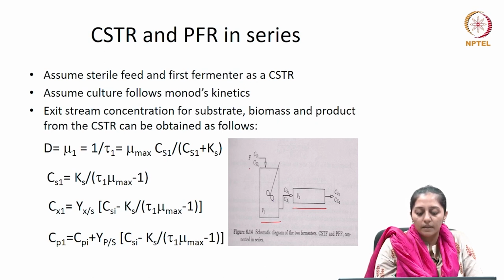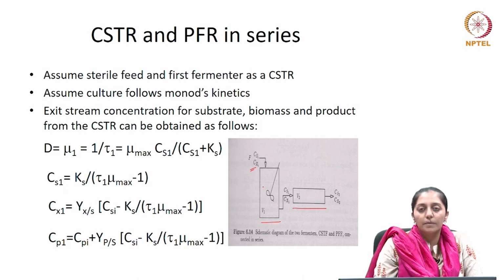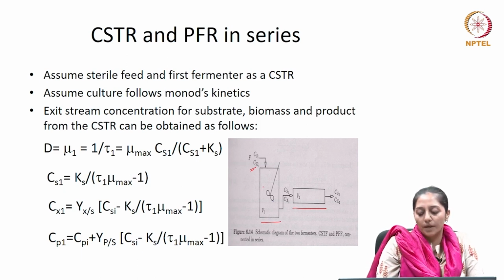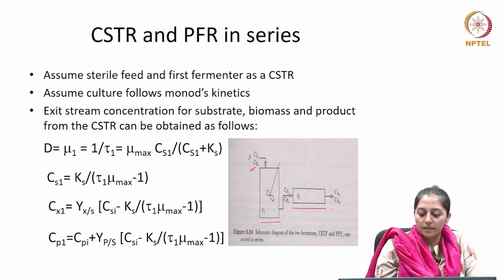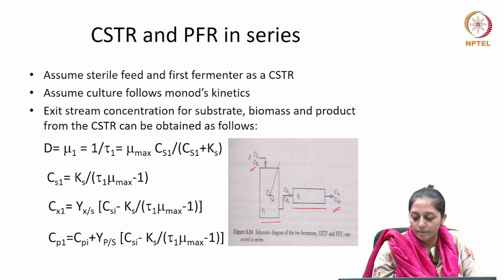The incoming stream is assumed to be a sterile feed, and the variables for the first reactor will be represented by the subscript 1, and for the second reactor by subscript 2.